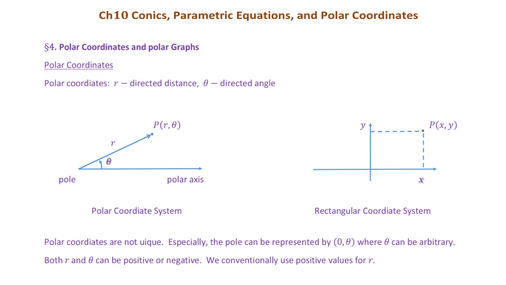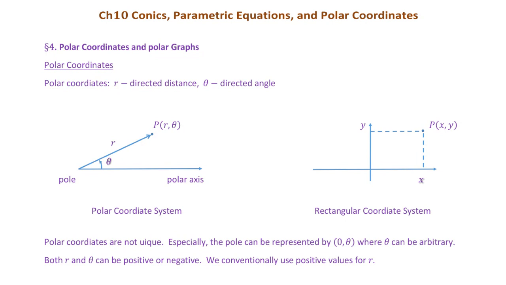In polar coordinates, we use r and theta instead of x and y. And this r and theta are called directed distance and directed angle, and they have a different geometrical interpretation from the regular rectangular coordinates.